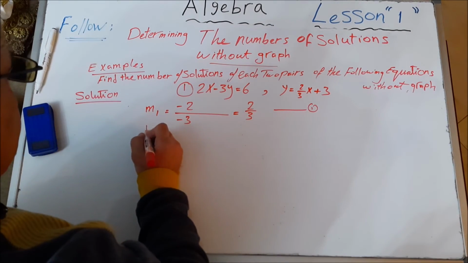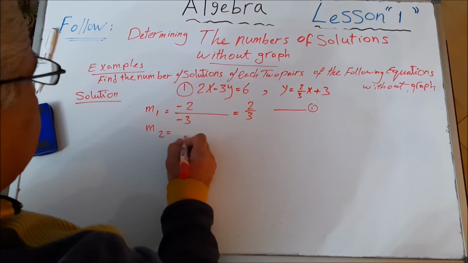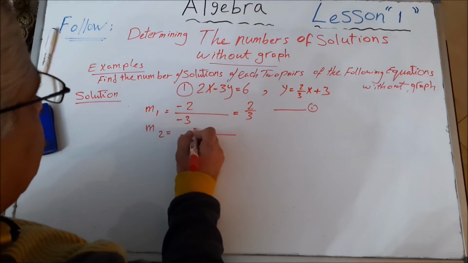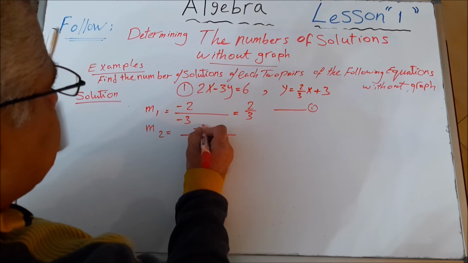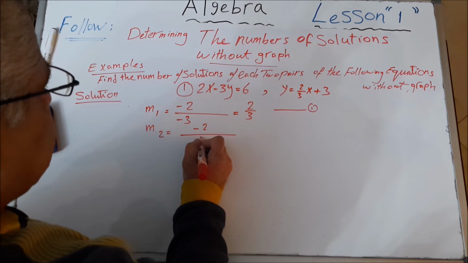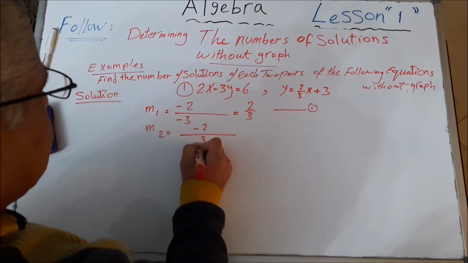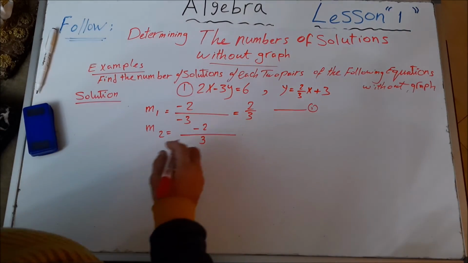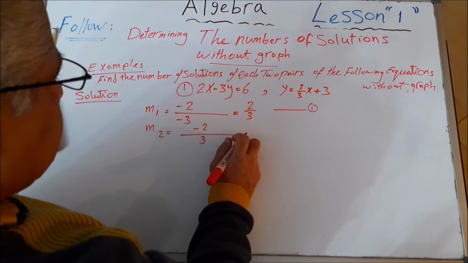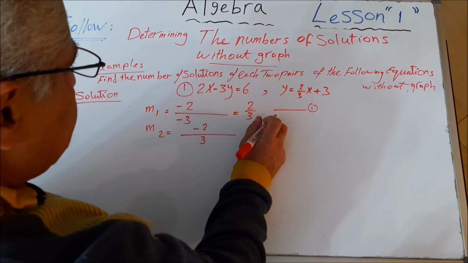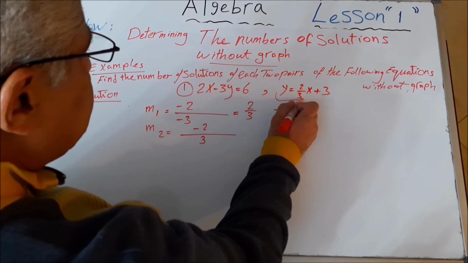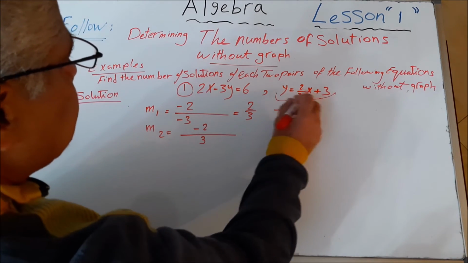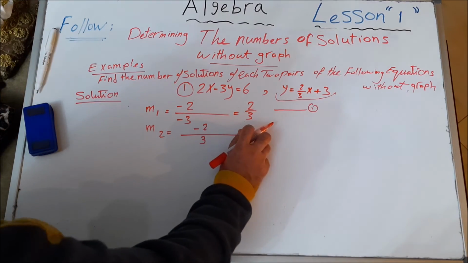For equation number 2, m2 equal minus coefficient of x, 2 divided by 3. If we transfer y to the other side of the equation, we transfer it with a negative sign.